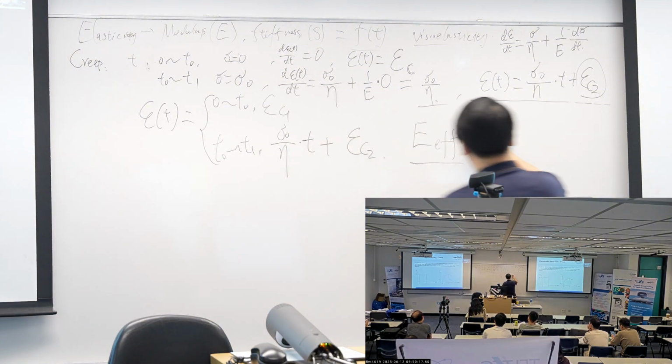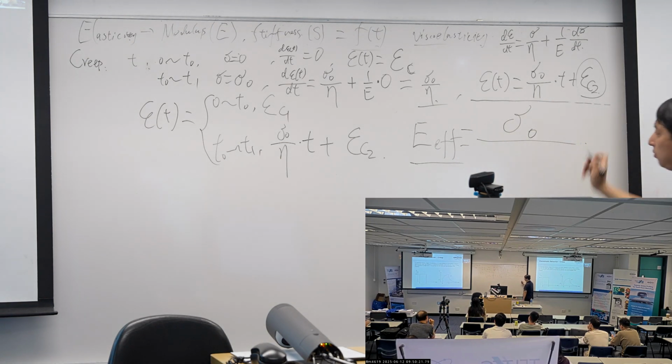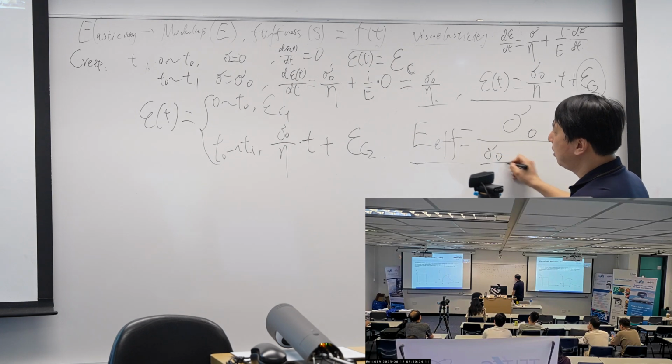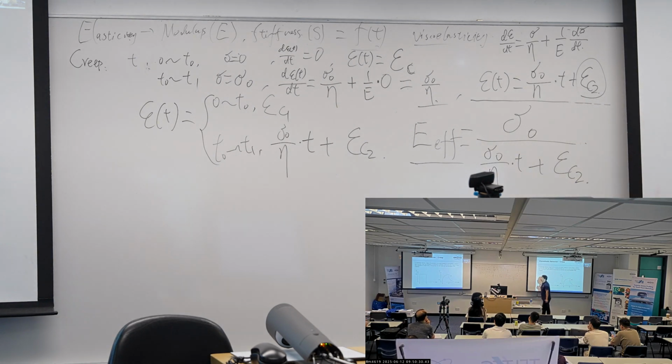We can write it as sigma 0 divided by sigma 0 over eta times t plus C2. So that's his final result.